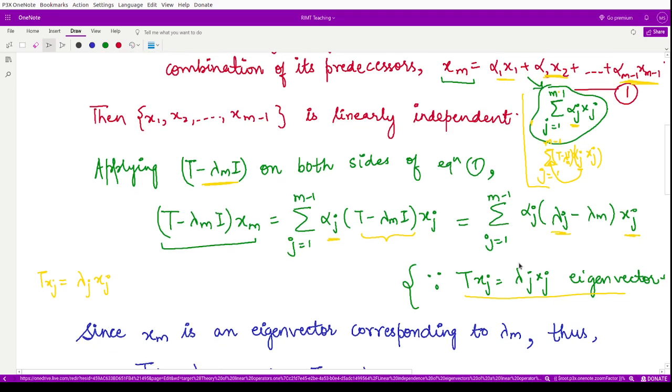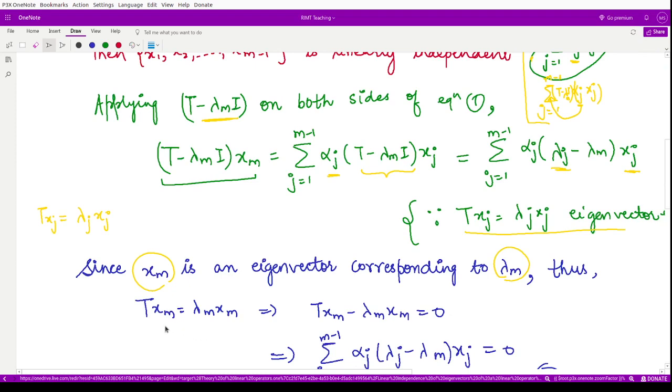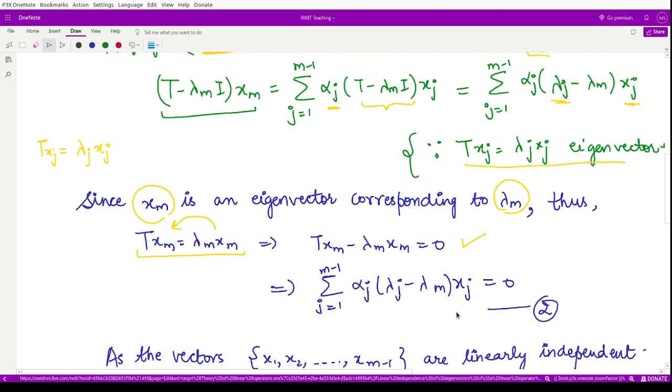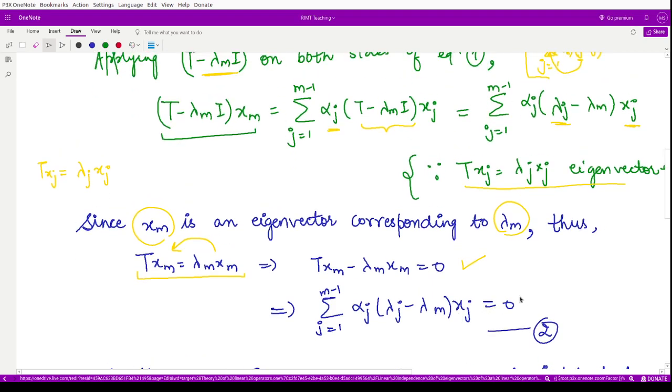Now corresponding to the eigenvalue lambda m, we have an eigenvector xm. So T of xm is equal to lambda m xm, according to the definition of eigenvectors. If you shift this to the left hand side, you have this equation. Using the above relation, the summation of alpha j into lambda j minus lambda m into xj becomes equal to 0.